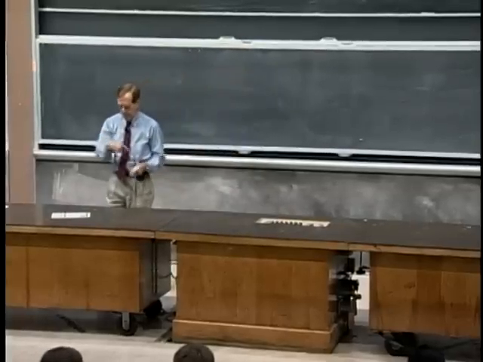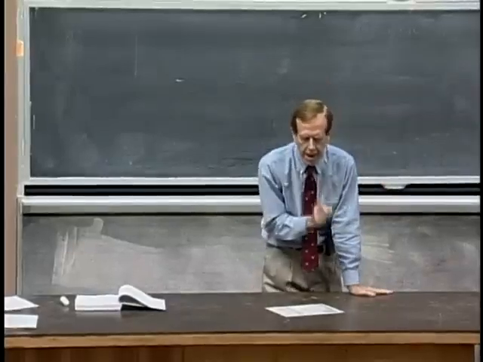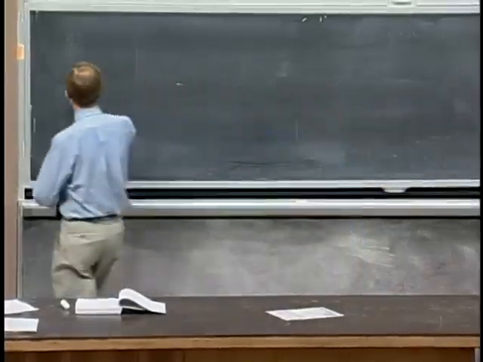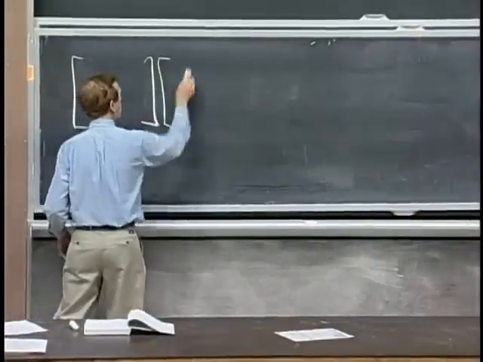Because when we do matrix operations, we got to be able to see the big picture. Last time I spoke about the big picture of when I multiply a matrix by a right-hand side.